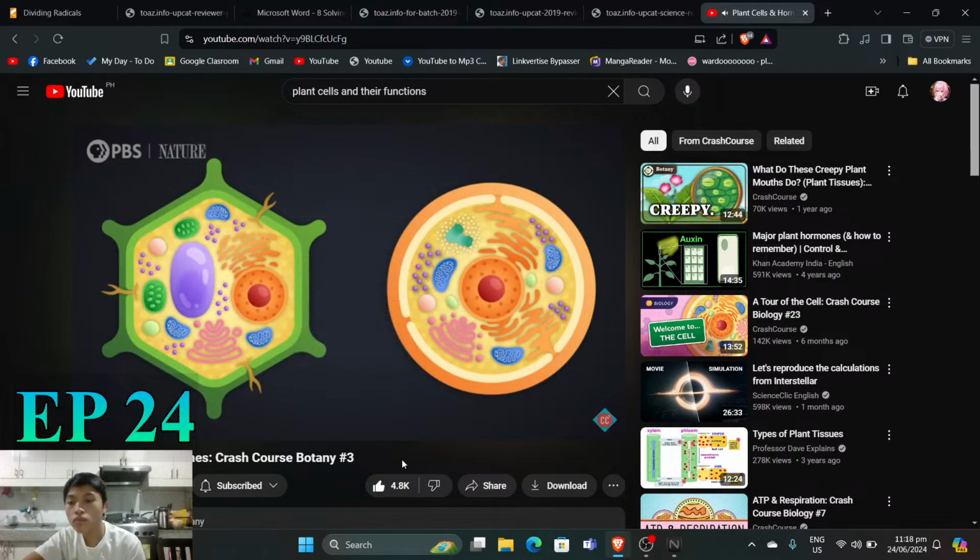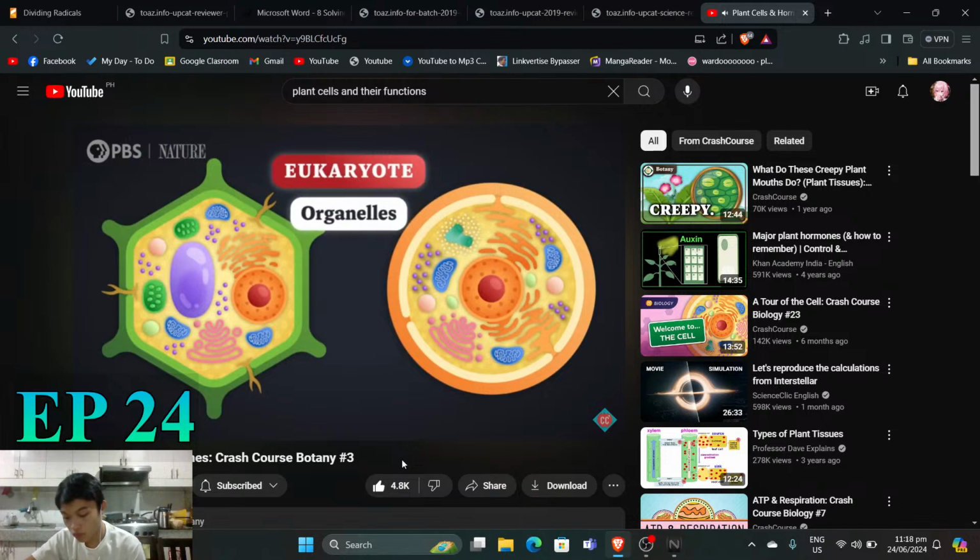Those proteins have tons of different responsibilities in both animals and plants, like helping with immunity from disease and transporting nutrients. Plants and animals are also both eukaryotic organisms, meaning our cells contain organelles. And if you're thinking, hey, that just sounds like cute little organs, you're right. Organelles are functional units of the cell, just like organs are the functional units of our bodies. Like hearts and brains for us and stems and leaves for plants, organelles each have a unique job to do.